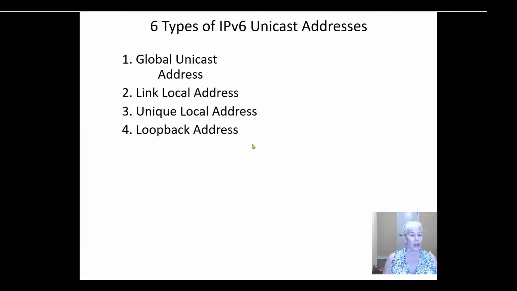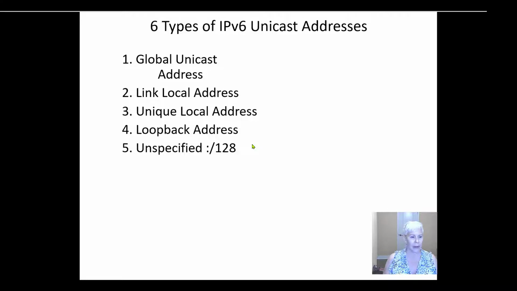Number 4, a loopback address. As you know, in the IPv4 world, that's a 127.0.0.1, and it's used to ping yourself, to ping your own device. Number 5 is something called an unspecified address, and that is a ::/128.